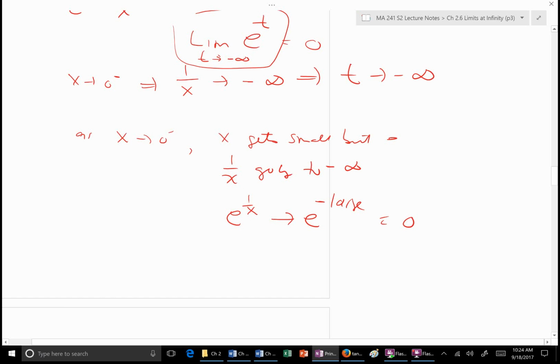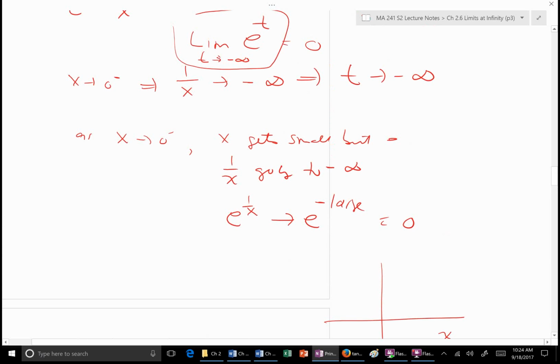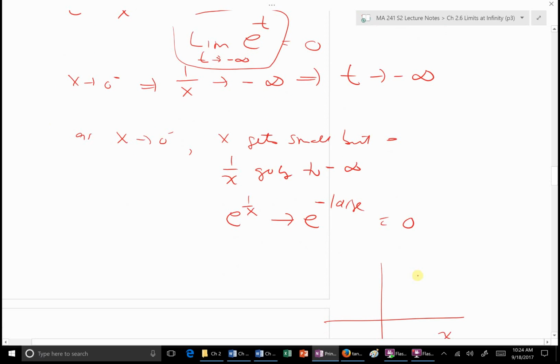So what is this looking like? Well, this is hard to plot, but if I make these transformations, I know the function kind of looks like this. Let me think for a second.